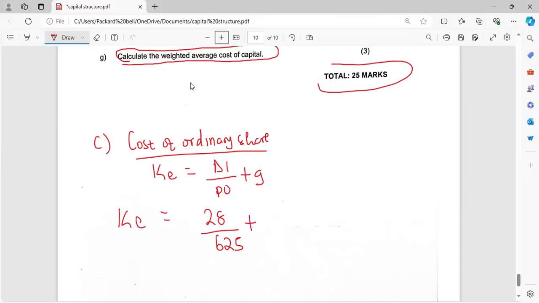When you calculate the growth, remember the previous year's dividend was 25. Then it goes to the expected 28. So that's where the growth is going to come from. Your growth is going to be 28 minus 25 over 25, times 100.